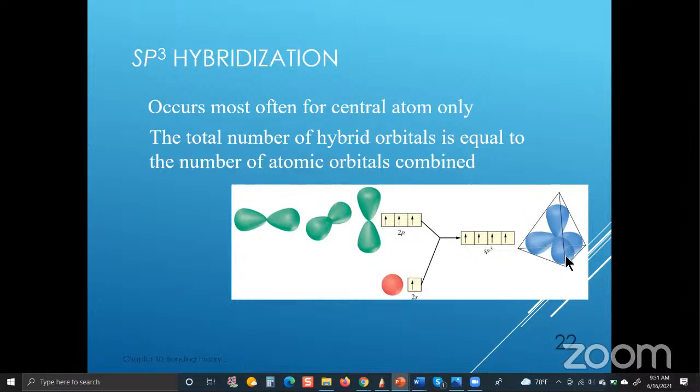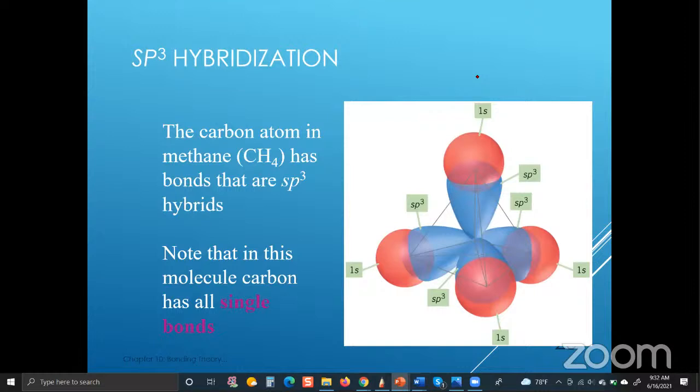And you'll notice that the sp3 hybrid orbitals are arranged in a 3-dimensional way in the form of a tetrahedron, right? And this explains in further detail why the methane molecule is a tetrahedral molecule. Let me see if I have it here. Hold on. Okay, so here it is.